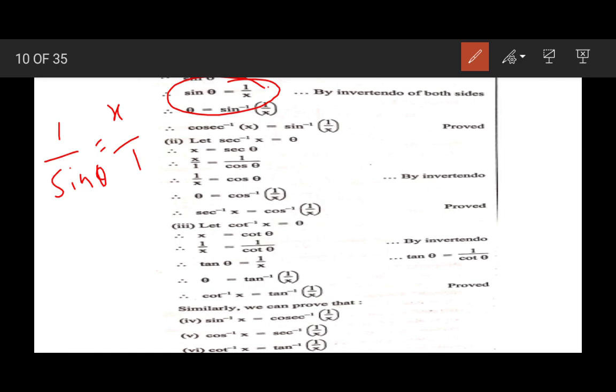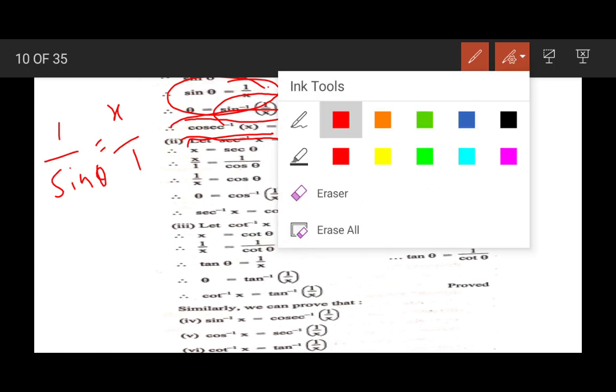So that means theta is equal to sine inverse 1 upon x. Okay, so finally what we are getting? We are getting cosec inverse x is equal to sine inverse 1 upon x.